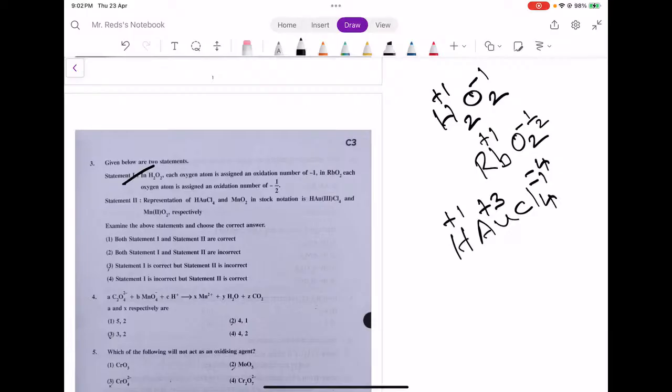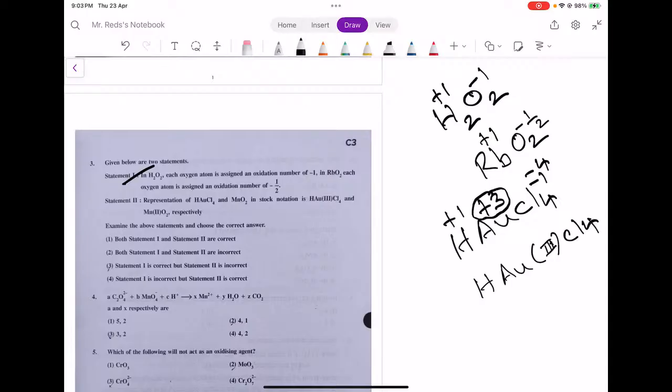Okay. Here, how to represent the stock notation of this compound? We should write the oxidation state of the metal in Roman numerals. That will be HAu(III)Cl4. This III represents the oxidation state of the metal, gold.